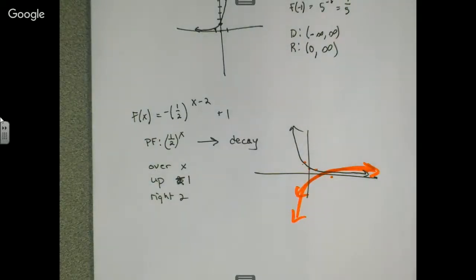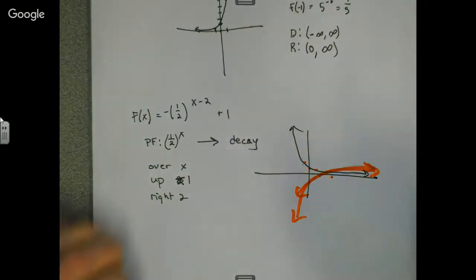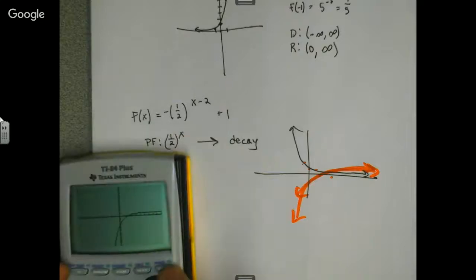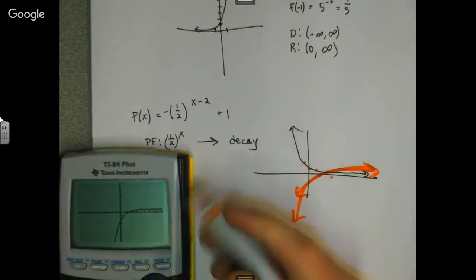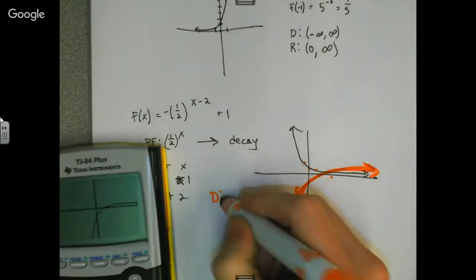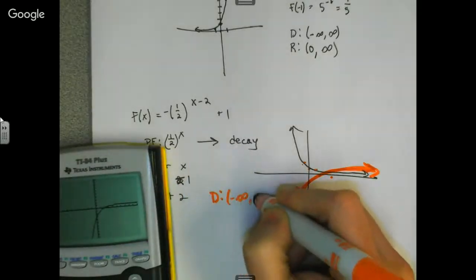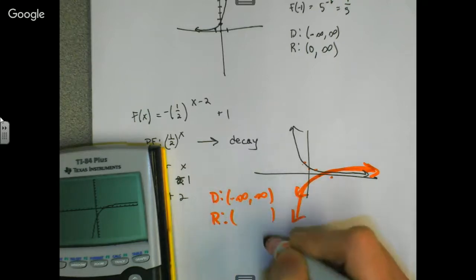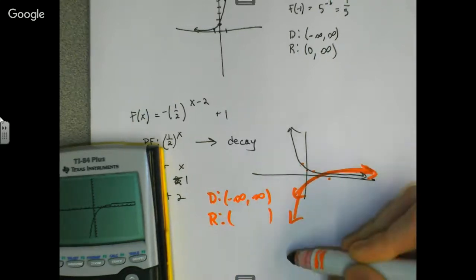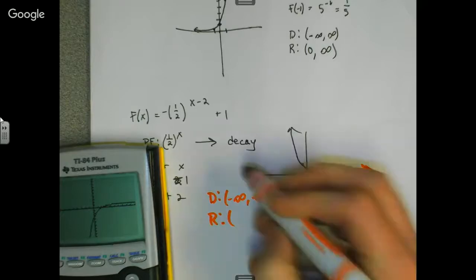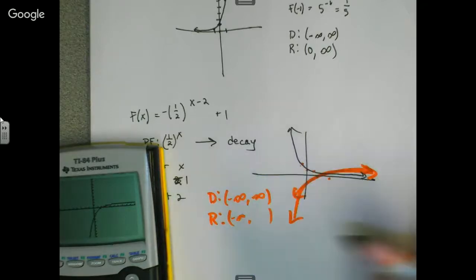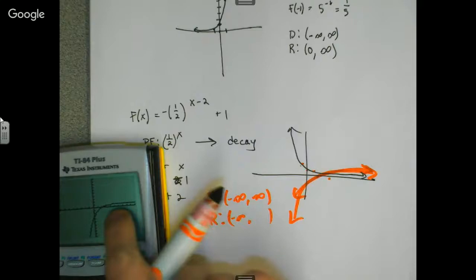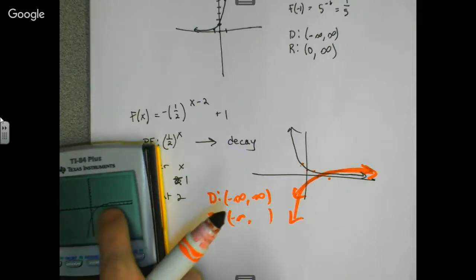Domain and range. I can get my domain and range actually from this calculator. Domain will be all reals. And my range is the only thing changing here. Since I flipped it over, it starts at minus infinity. And it looks here like I'm going to maybe 1.